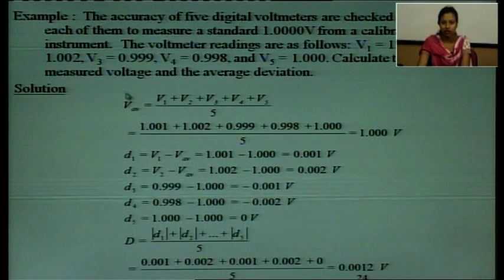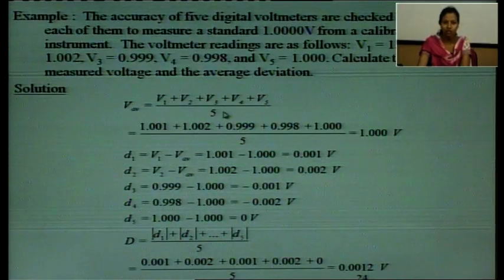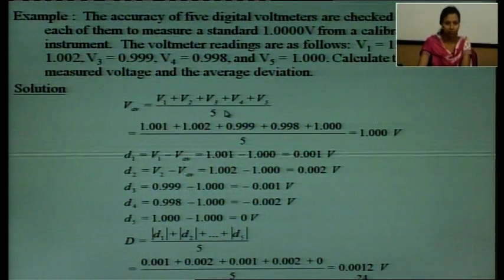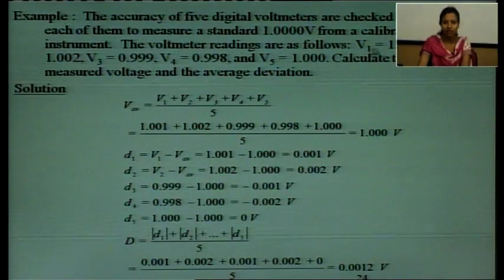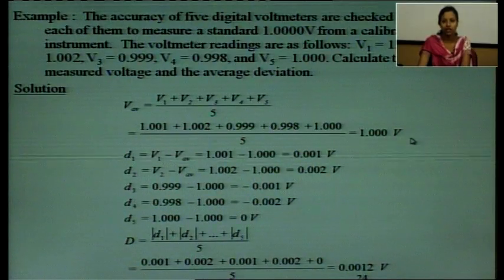First we calculate the average measured voltage. It is the sum of all these terms divided by the number of measurements. Here we are taking 5 measurements, V1, V2, V3, V4 and V5. The sum of all these terms divided by 5 is equal to 1 volt.